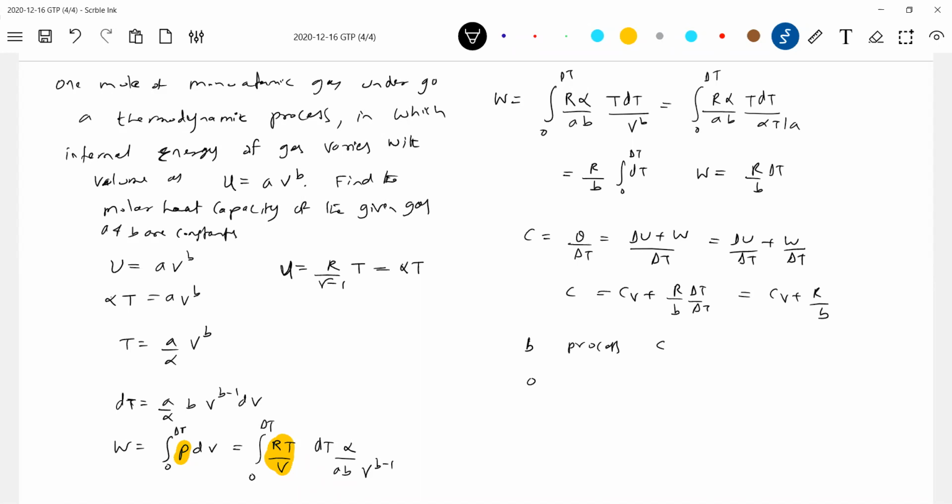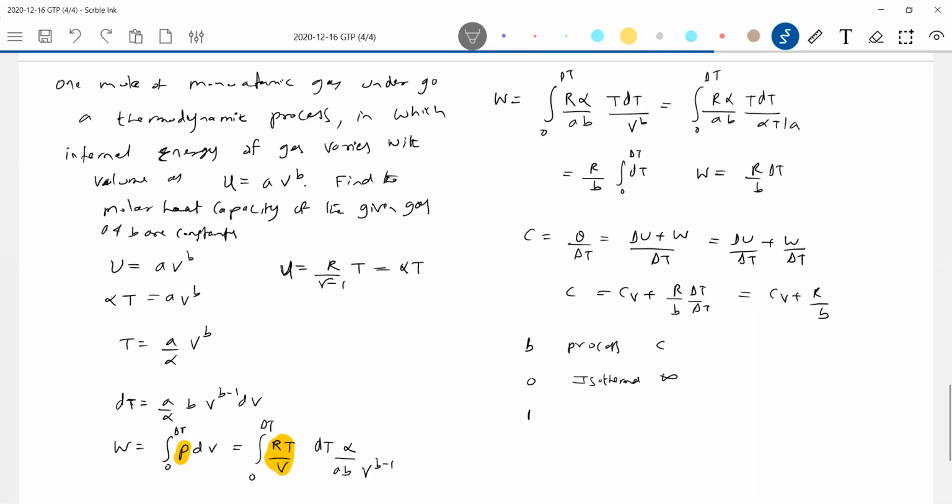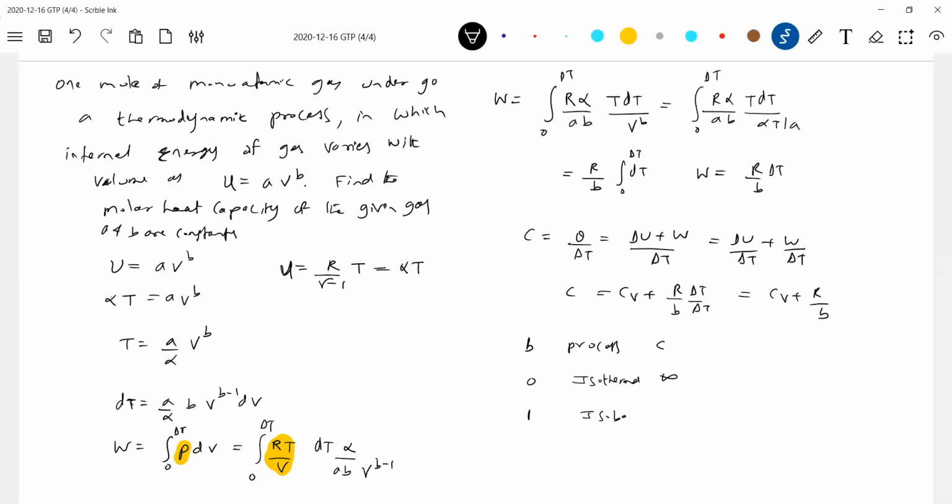Okay, if B equal to 0, isothermal process. B equal to 1. Isobaric. So as a monatomic gas, isobaric process, 5R by 2. B equal to 2.